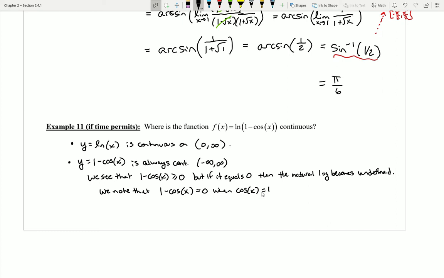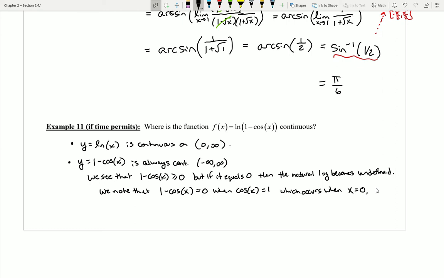And of course, I could start to think here, when does the cosine of x actually equal the value of 1? Well, let's see. Can you come up with any angles? What would be some different values that would make this equal to 1? Well, 0 is a value that comes to mind.